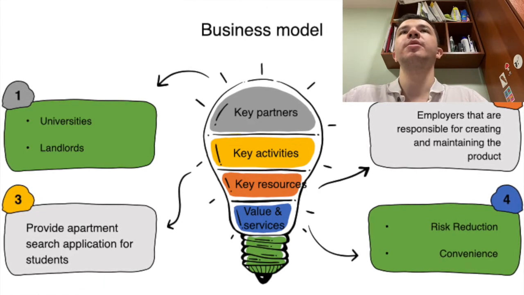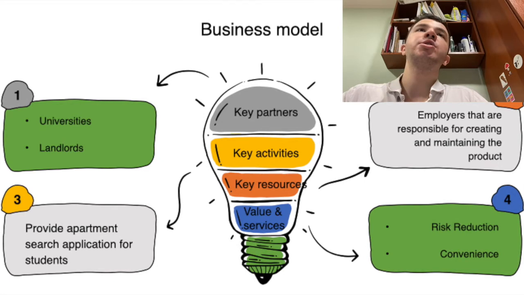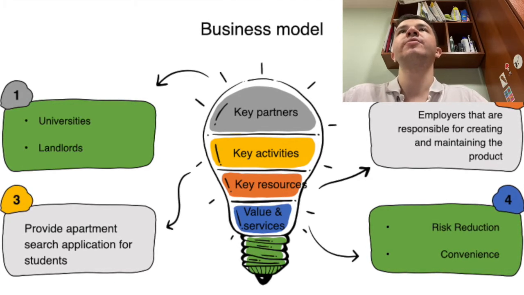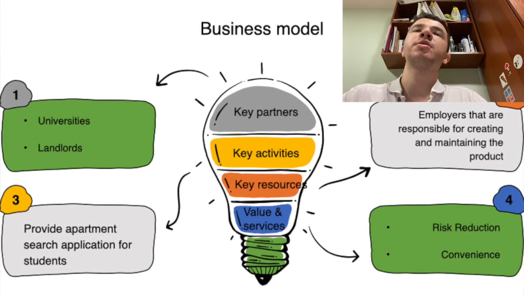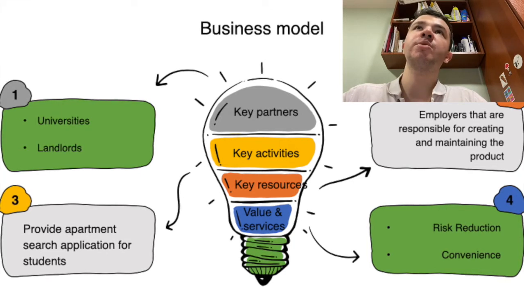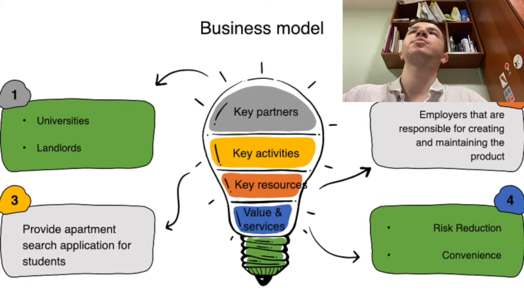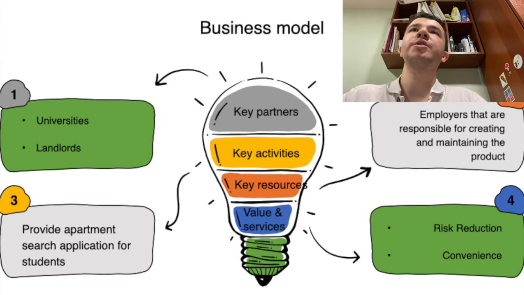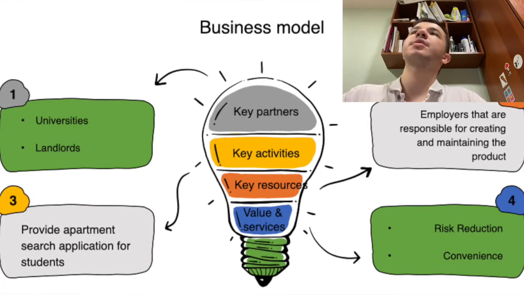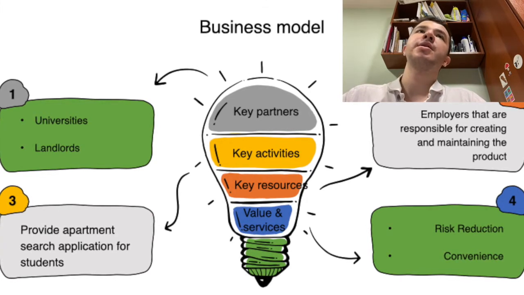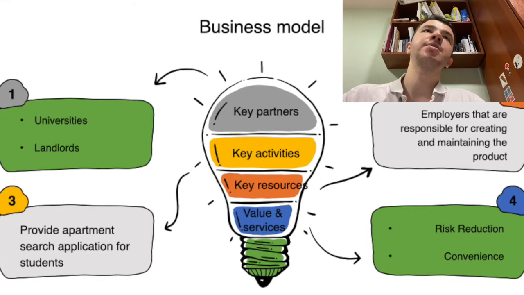By this we mean the situation where we involve the university in the landlord-student relationship to make sure both sides follow the contract. And the second is convenience. By this we basically mean the search engine as well as the functionality we provide, such as neighbor search for our clients.